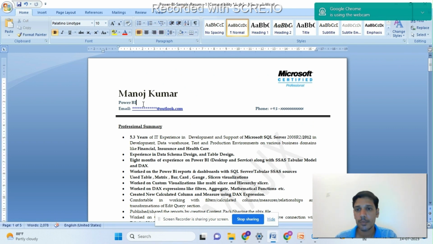And here Power BI, sometimes you can say Power BI analyst, or you can mention developer. So these two points are highlighted. It means that by seeing the resume itself, the interviewer will know that this guy is experienced in Power BI and he's also a Microsoft certified professional.